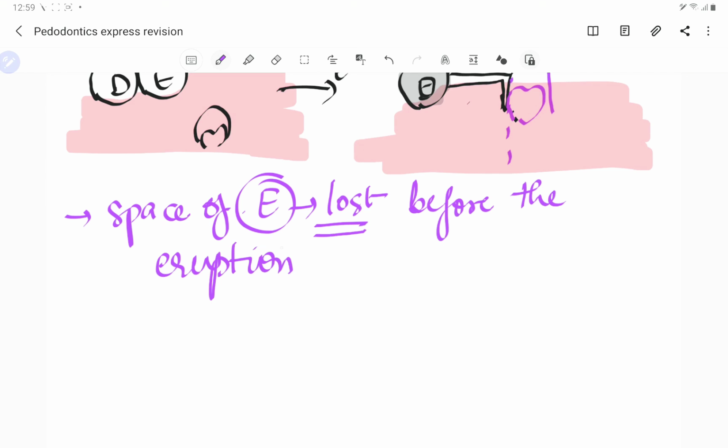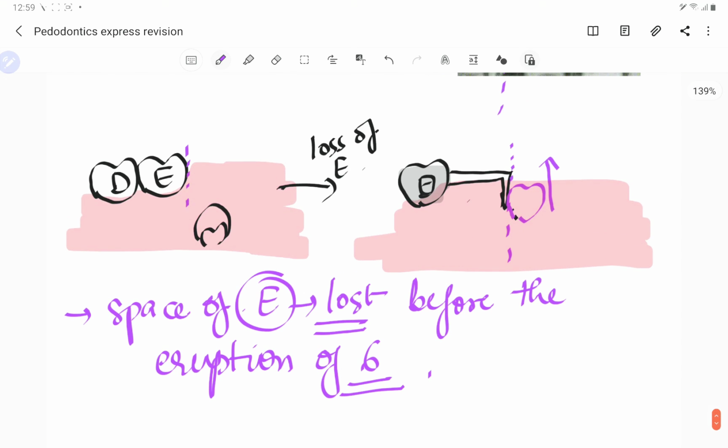So before the eruption of the first permanent molar and after there is a loss of the primary second molar, we are going to maintain space for the first permanent molar. Now usually the distal surface of the E provides the guide for the eruption of the 6. So 6 erupts like that, but since there is no E, the eruption can be mesial, and we want to prevent it, and for that we are giving the Roche distal space maintainer. I think that you are familiar with all of the space maintainers.